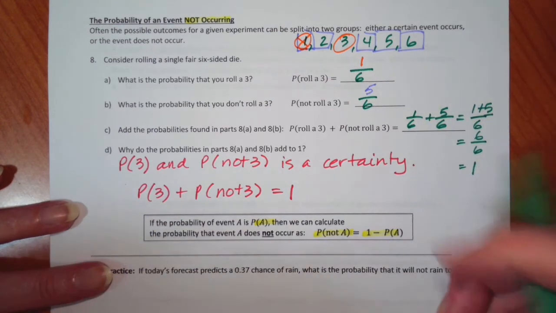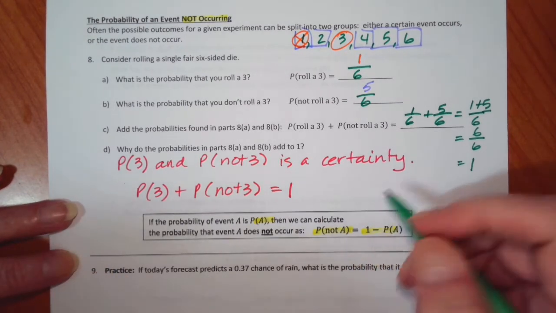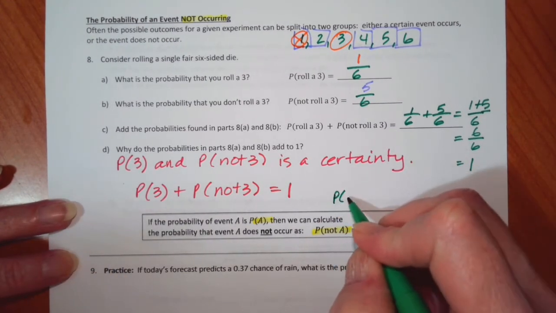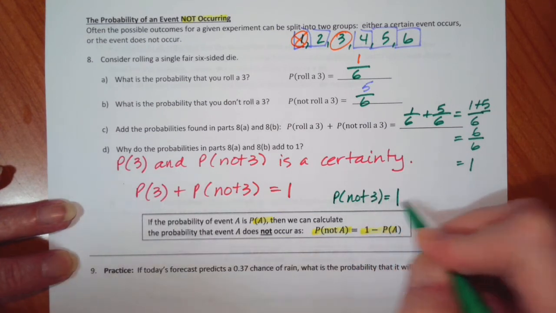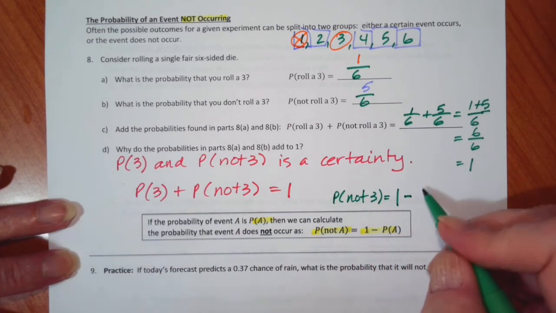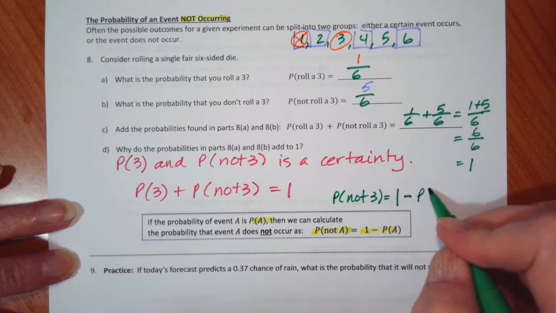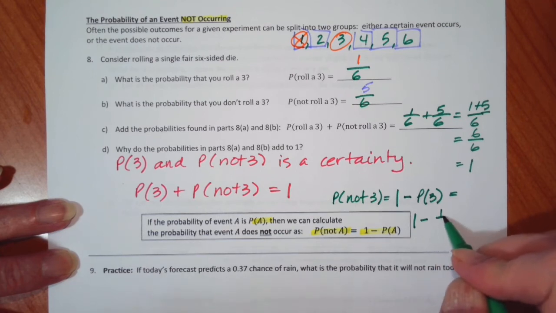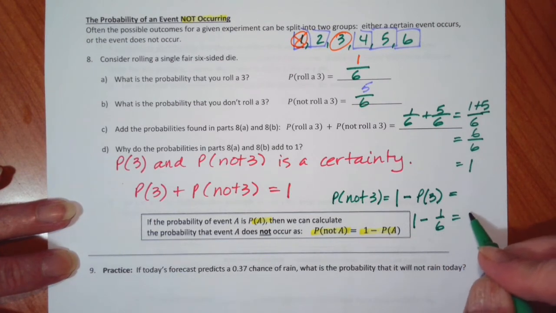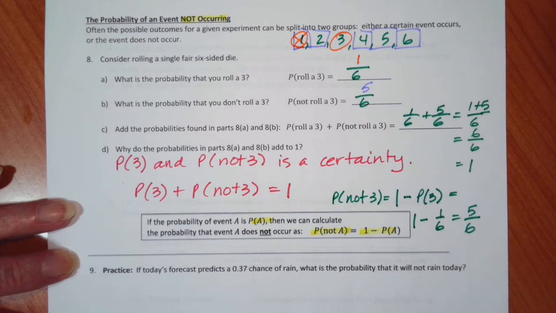So the probability of not a 3 would be 1 minus the probability of the 3, which is 1 minus 1/6, which is 5/6.